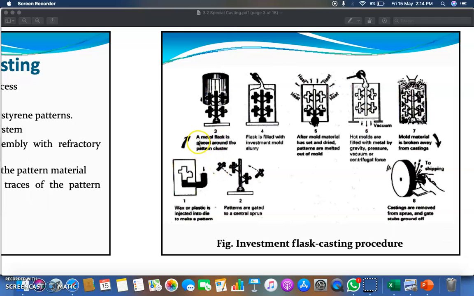The third step is a metal flask placed around the pattern cluster. The fourth step is the flask is filled with the investment mold slurry.